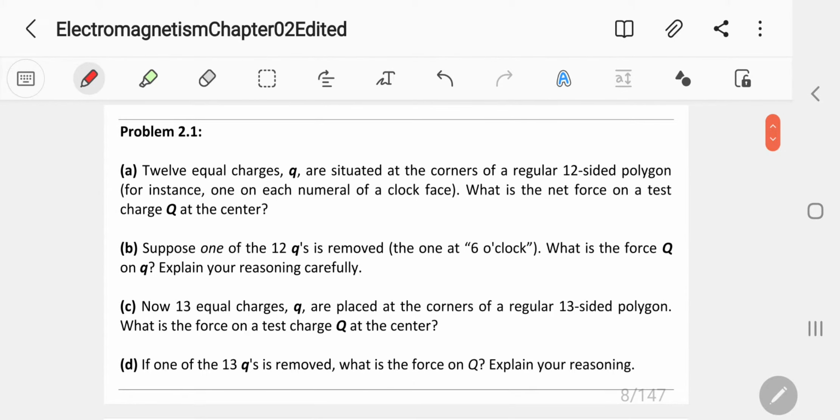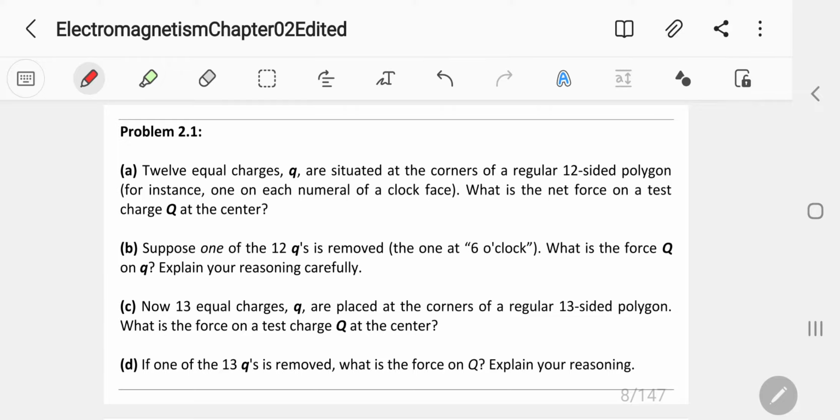So you have here some problems. 12 equal charges Q are situated in the corners of a 12-sided polygon. What is the net force on the test charge at the center? It's kind of trivial, but of course you can do the solutions for it.